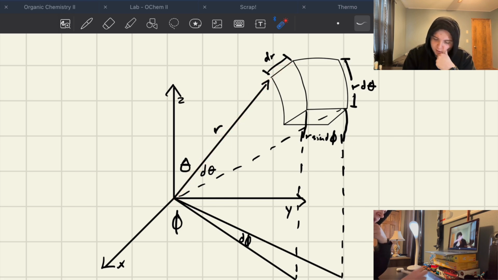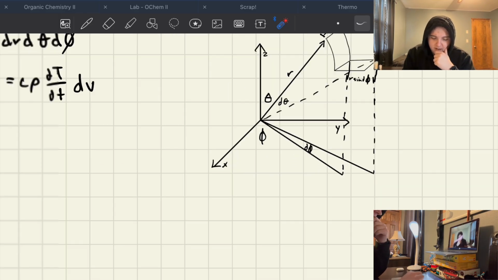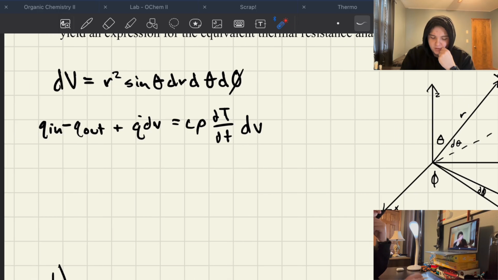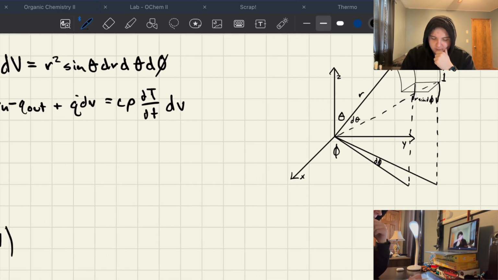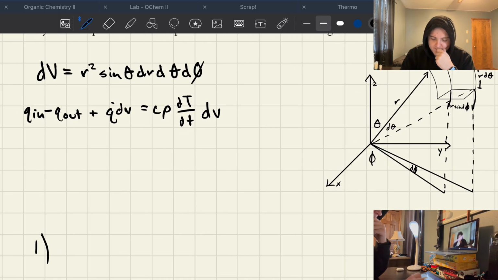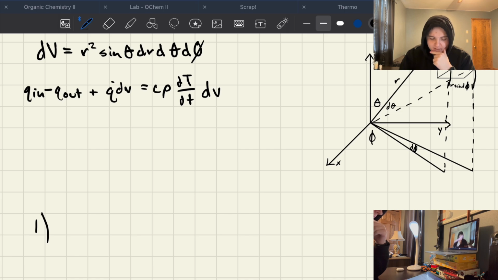We have our d theta here, and then our r d theta here, and then we have our phi here and our d phi here. The two things I have here are just our volume and our heat accumulation, or net heat equation.